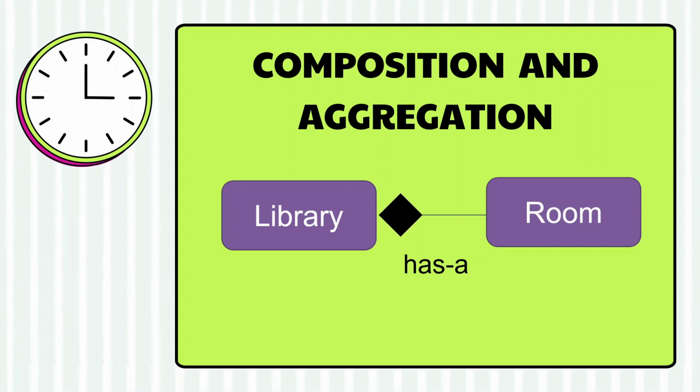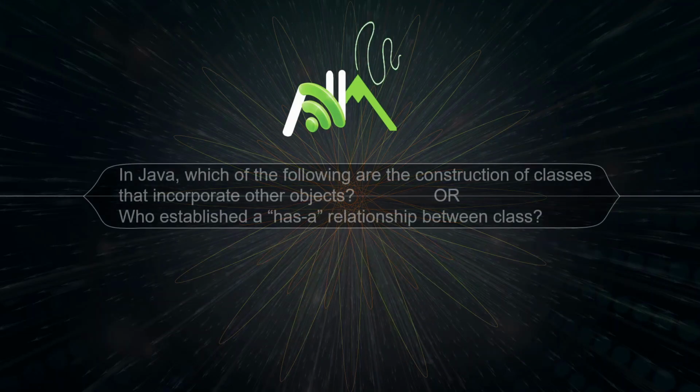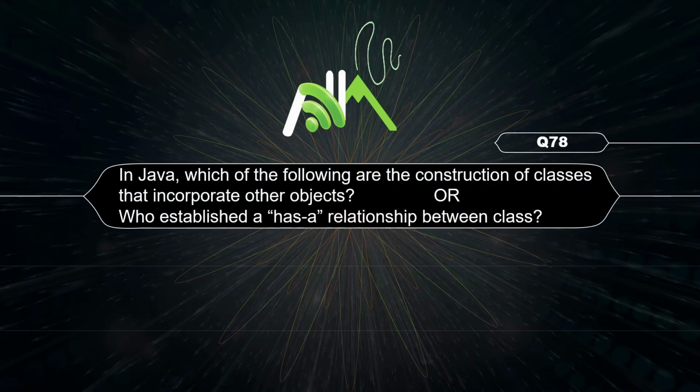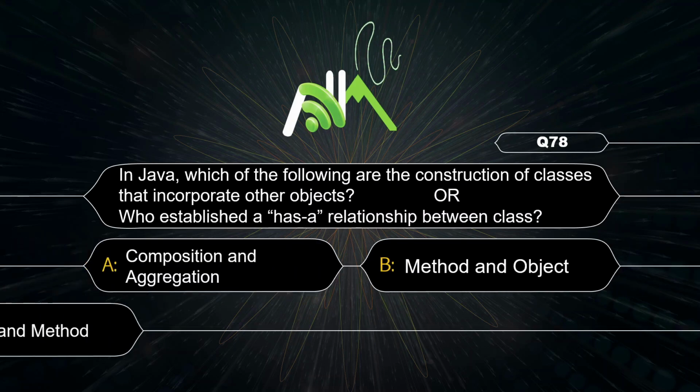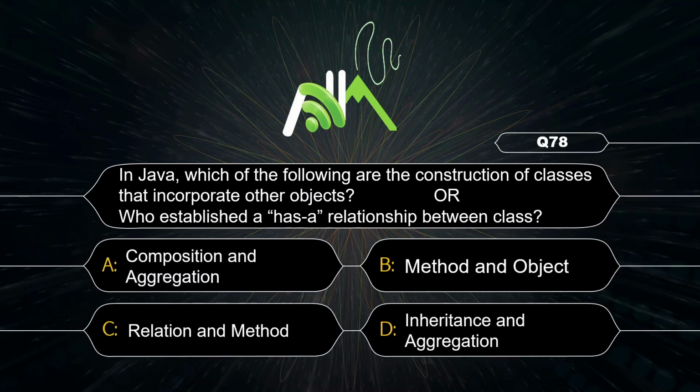Composition and aggregation. Which of the following are the constructions of classes that incorporate other objects or establish a has-a relationship between classes? That is composition and aggregation.